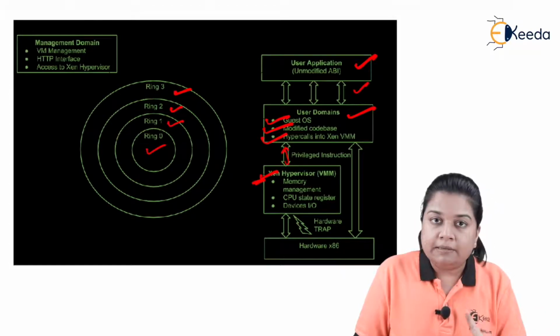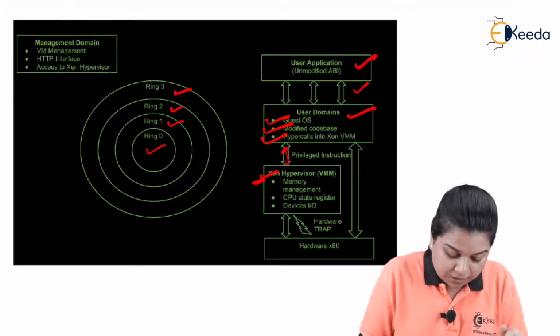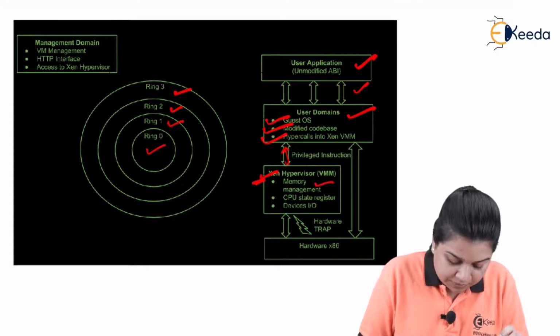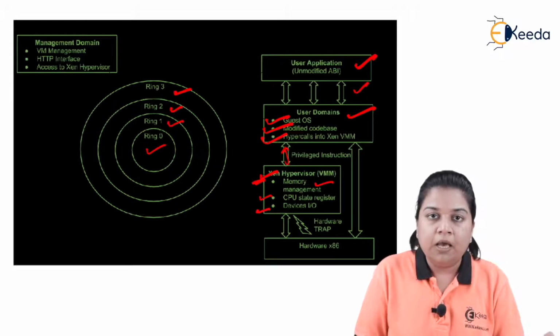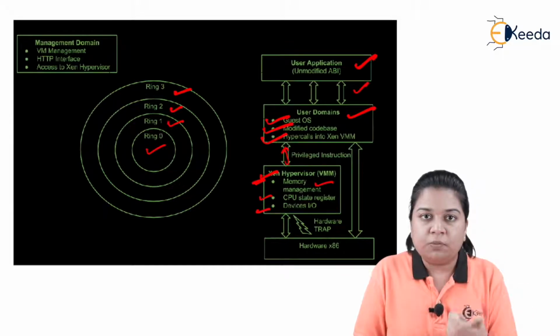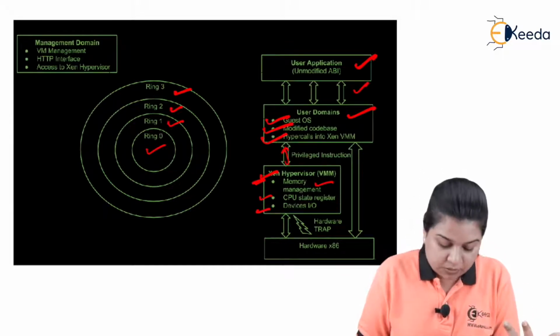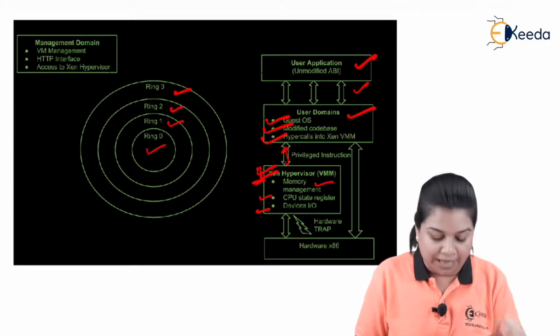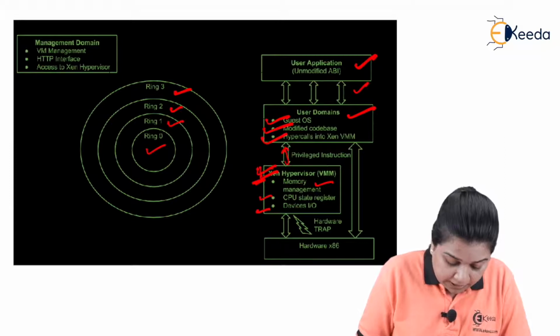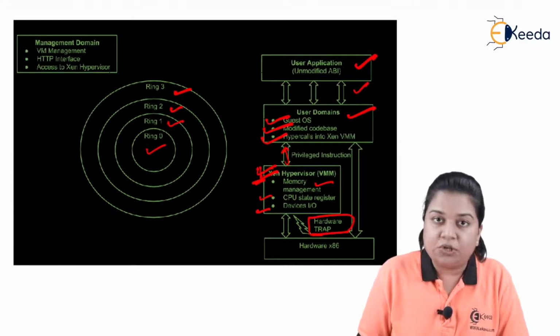Now what is in the Xen hypervisor or virtual machine manager? It manages the memory, CPU, state register, and devices input output, which we have been studying. We see the virtualization of CPU, memory, and input output devices. So it is done here, in the Xen hypervisor or virtual machine manager. Then there is this hardware trap.